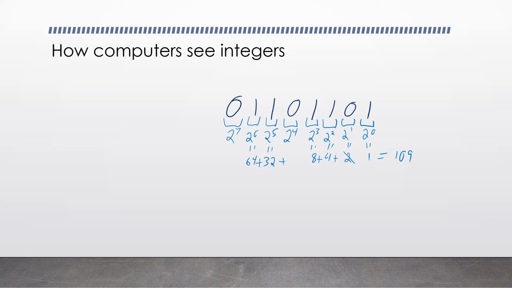How many numbers could we hold in an 8-bit, 1-byte integer? Well, we could get 128 plus 64 plus 32 plus 16 plus 8 plus 4 plus 2 plus 1 equals 255.